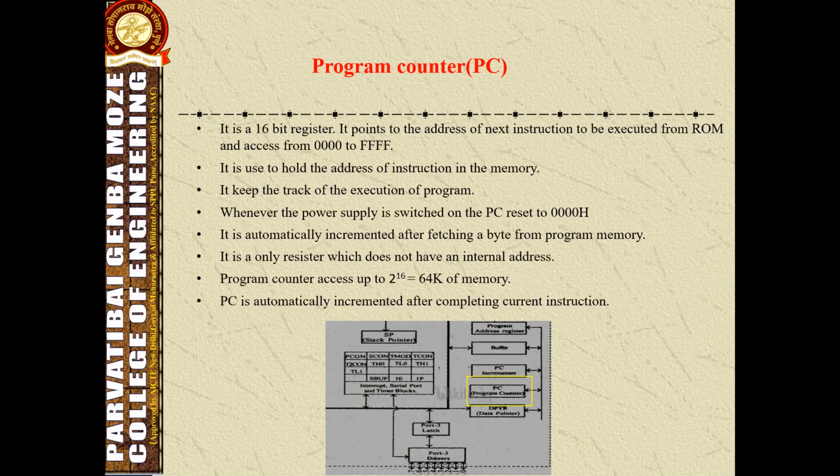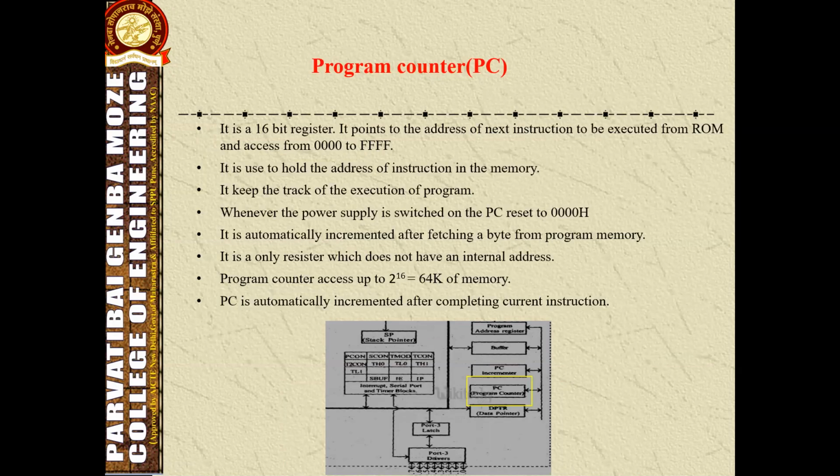The use of the program counter is to hold the address of instructions in the memory, which keeps track of the execution of the program. The program instruction bytes are fetched from the locations in memory addressed by the program counter.